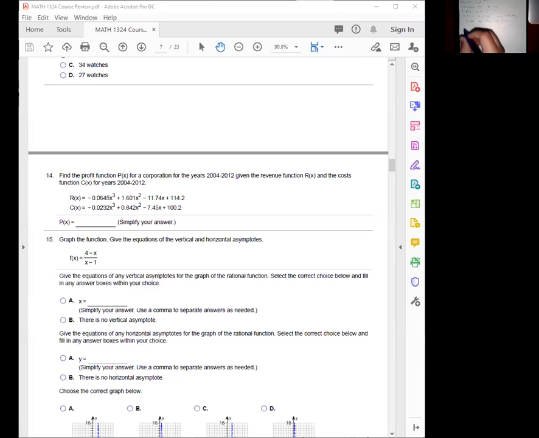So let's write down the function that we need. Just remember that profit is equal to revenue minus the cost, right? So let's write down the revenue, I guess.